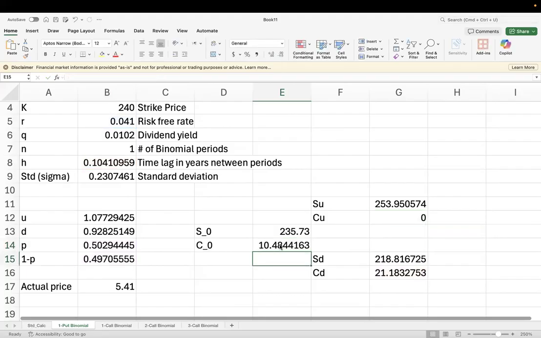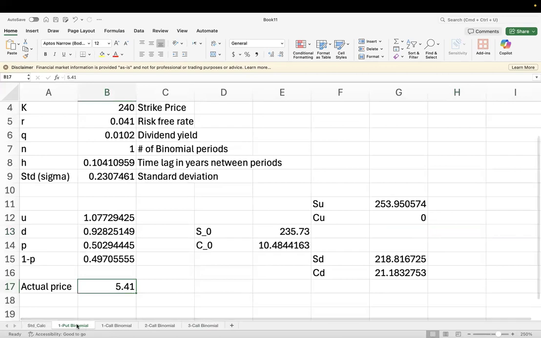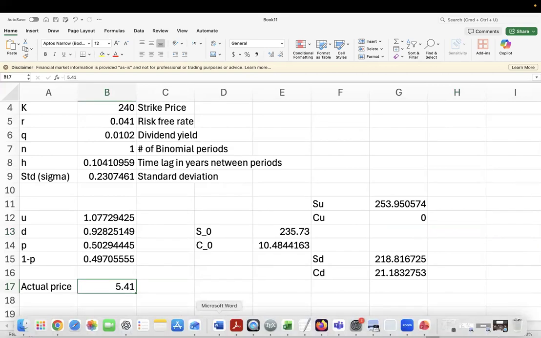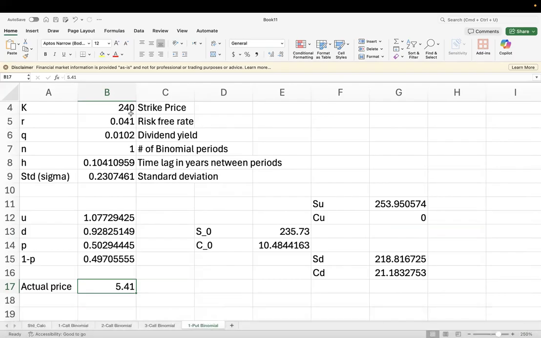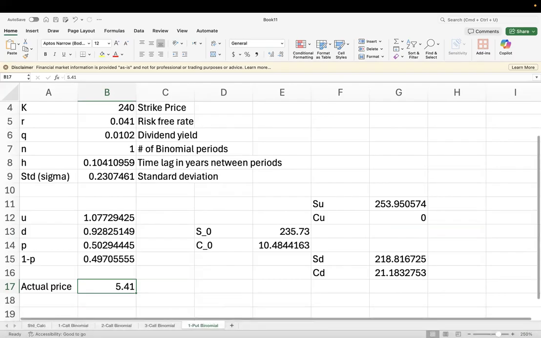Perfect. Let's just take a look at the actual price that we have. Actual price for puts of 240. And we can easily change the K or strike price.